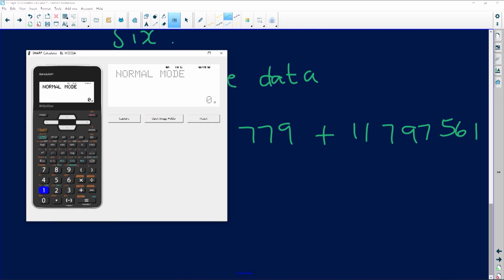Let's go slot that in. So the first one is 14,442,779 plus 11,797,561. That gives us a lekker big number, 26,240,340.